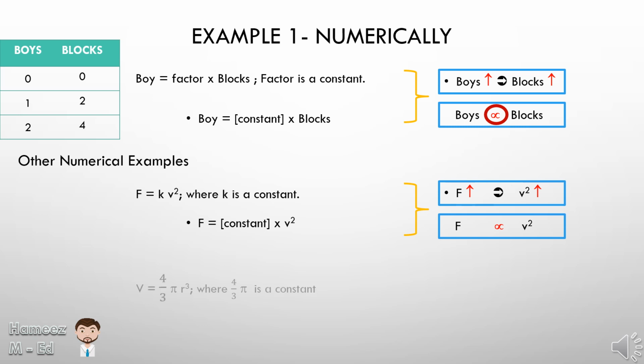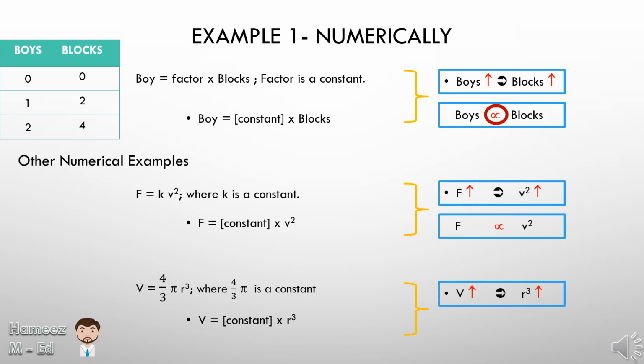And for the last formula, v is equal to 4/3 pi r cubed, where 4/3 pi is a constant. So we can rewrite it: v is equal to some constant times r cubed. So if the volume v increases, then r cubed increases. So v is proportional to r cubed.